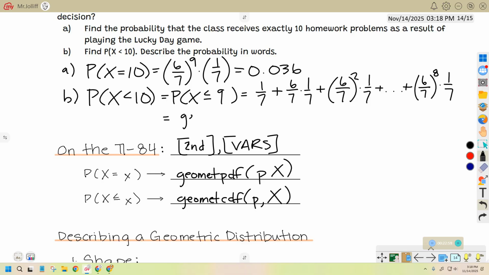So this is geometCDF. My probability of success is 1/7. My X value, which is the upper range, is 9. I'm going to give you a second to do that on your calculator. I know it's going to be 0 point something.